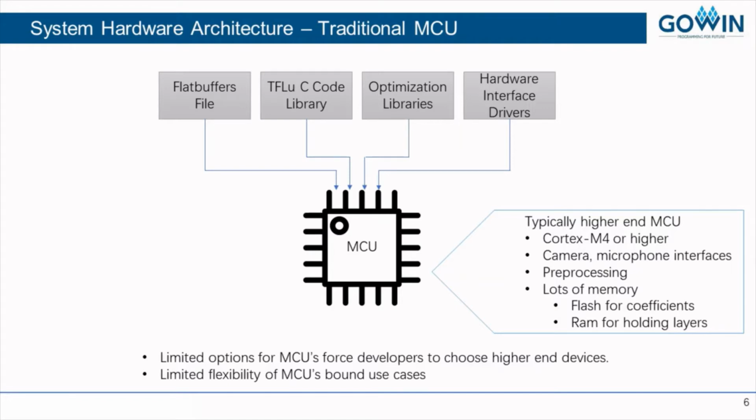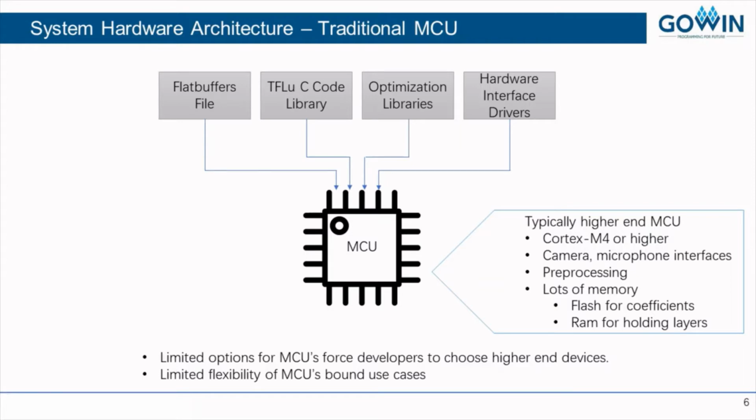So TensorFlow Lite for microcontrollers can generate C code based on your flat buffers file that you can run really on any platform. It doesn't have a whole lot of requirements, a pretty bare bones C code library. And you can even run this on your PC too. I may do an example of that within the class here. That allows you to test your model before you even deploy it on hardware.